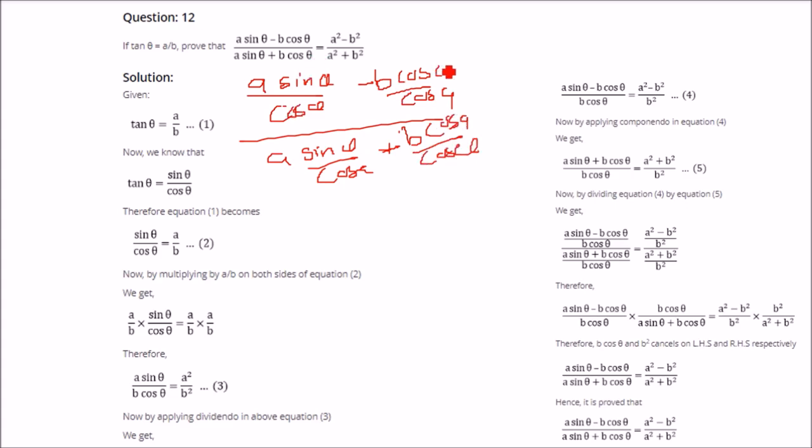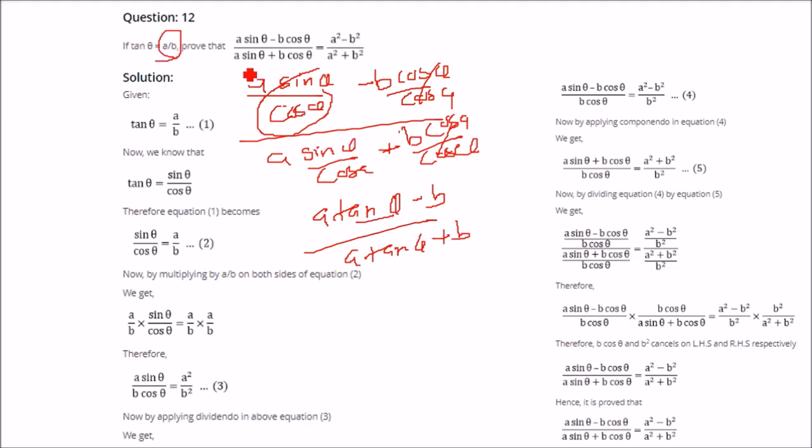So what do you get? This is 1, this is 1. Here this is tan theta. So a tan theta minus b by a tan theta plus b. Tan theta is given a by b. So a tan theta is a by b minus b. Here also a by b plus b.